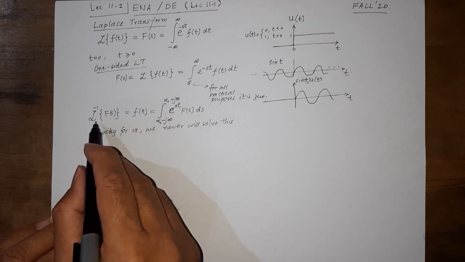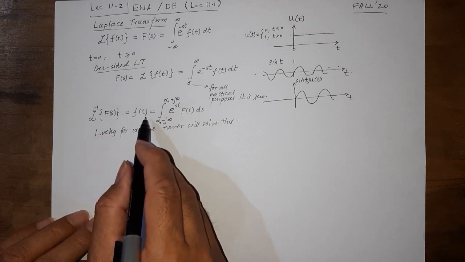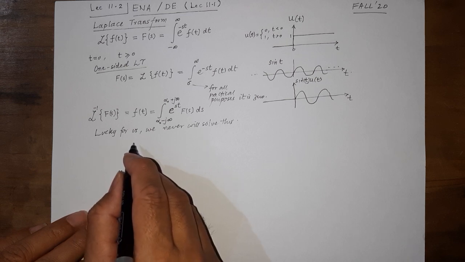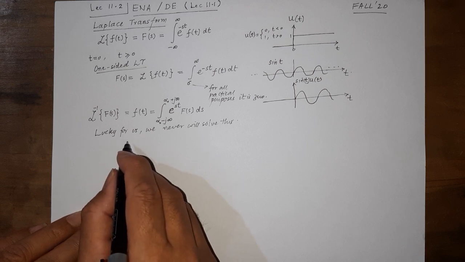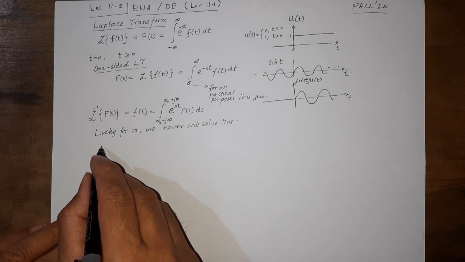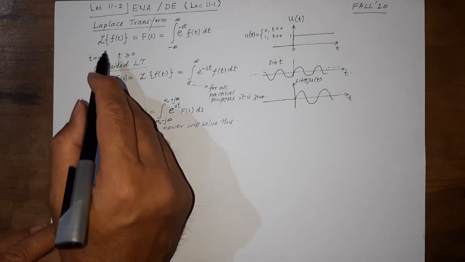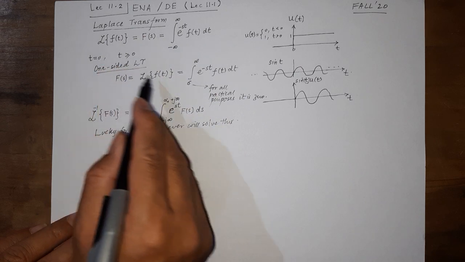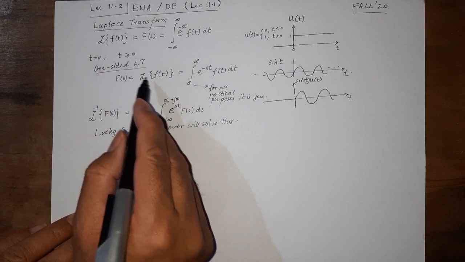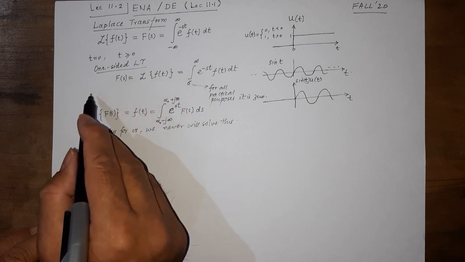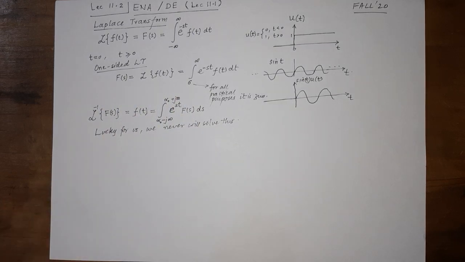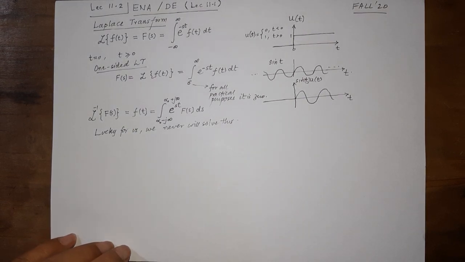So how would this inverse transform work? We are going to use tables. We will construct tables where we will know that this function has this transform, this function has this transform, and so on, coming back from the Laplace transform to the time domain function by inspecting tables and using already found results.